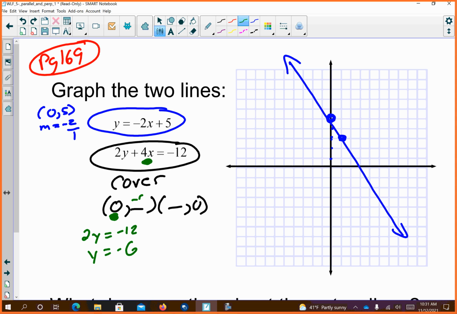So 0, -6. So there's my first point. My second point, this is a y value, so I'm going to cover up my y value. Notice they had it flip-flop, so we had to kind of use a little critical thinking. So 4x equals -12, divide each side by 4, so I get -3.